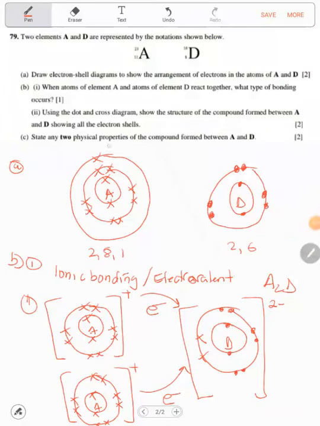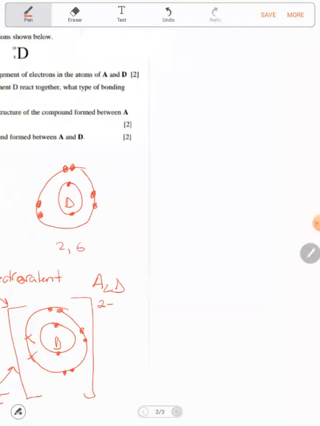State 2 physical properties of the compound between A and D. We know that the compound between A and D is an ionic compound. What are the properties of ionic compounds? 1, they are solids at RTP.